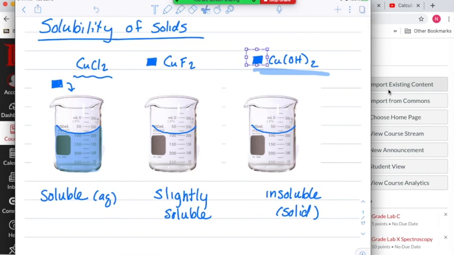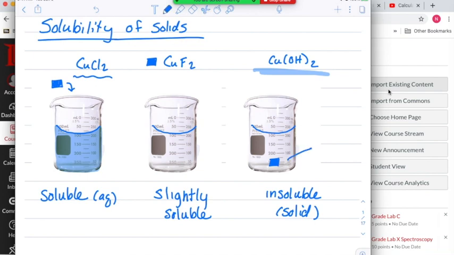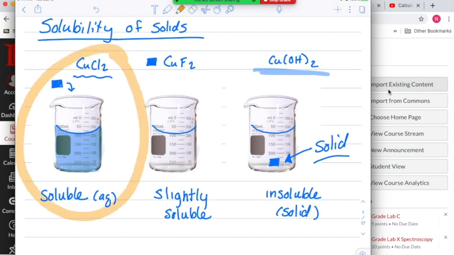So if we take this little crystal and we dunk it into the water, we stir it up, we shake it, we do our best, it is still going to be insoluble. We are still going to have a chunk of solid right there. And that's what we mean by insoluble. The solid sits in solution. And that is the opposite of what's happening right over here, where it's completely soluble, it's going to dissolve completely.